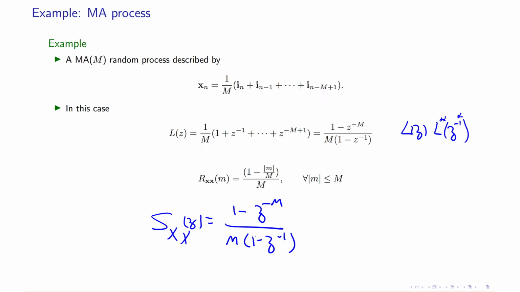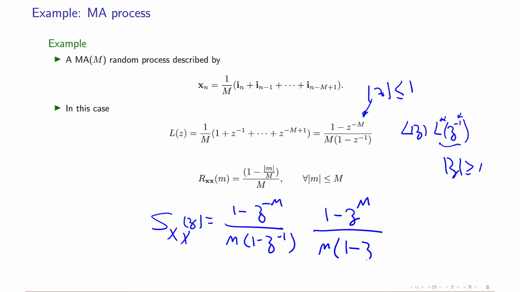This is true if Z is smaller than or equal to 1, but for this one Z should be bigger than or equal to 1. So if you want to calculate this one, you get 1 minus Z to the power of M, divided by M and then 1 minus Z.